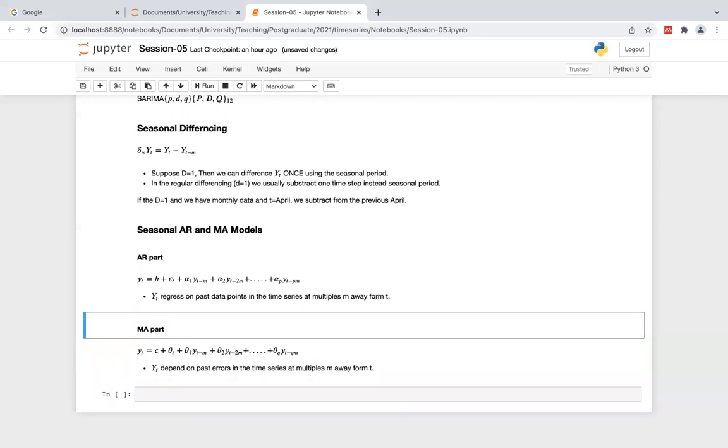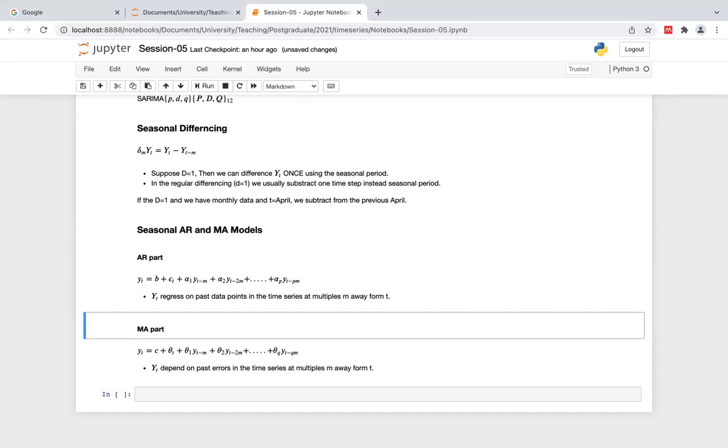The only thing you have to keep in your mind in this SARIMA model, when compared with the ARIMA model, in the differencing, which means capital D, and the order of seasonal autoregressive, capital P, and the order of seasonal moving average, capital Q, you have to consider the value of M, which means seasonal period, the duration where the seasonal component is happening.